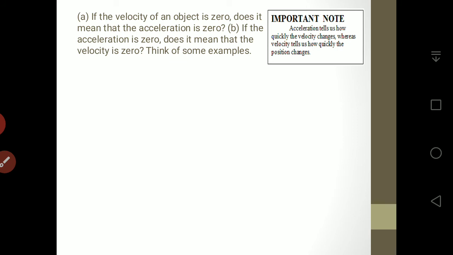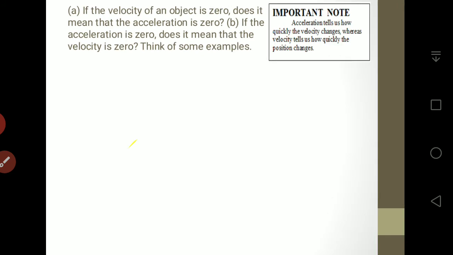Pero, ang sagot dyan, sa parehas na questions, A at B, ay hindi. So, isipin nyo kung bakit hindi. Hindi ibig sabihin na kung ang velocity mo ay 0, ang acceleration mo rin ay 0. Hindi rin ibig sabihin na kung ang acceleration mo ay 0, ang velocity mo ay 0.